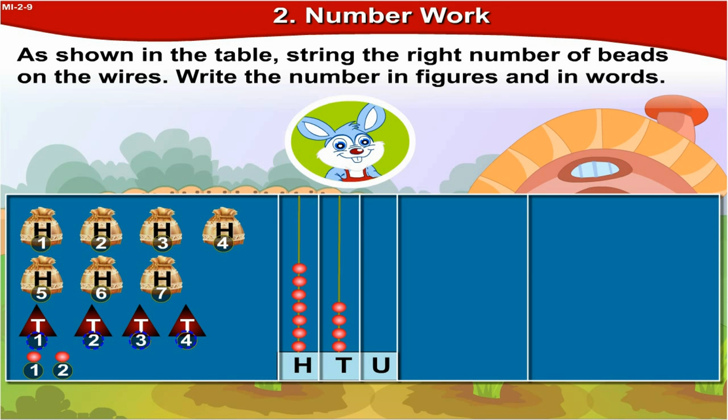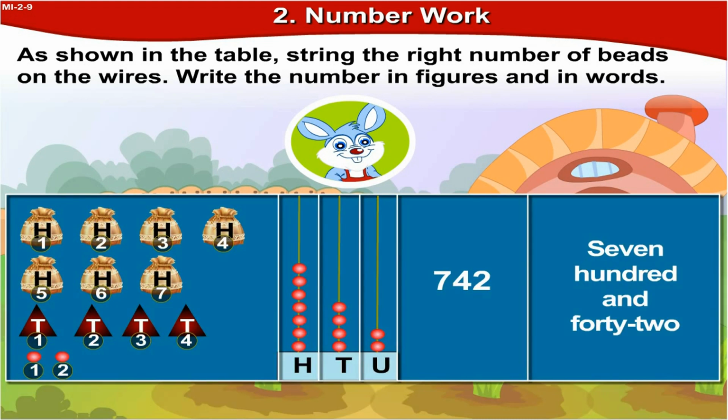At the tens wire, 4 beads. At the units wire, 2 beads. Which means it is 7 hundreds, 4 tens and 2 units. So in figure, it is 742 and in words, it is seven hundred forty-two.